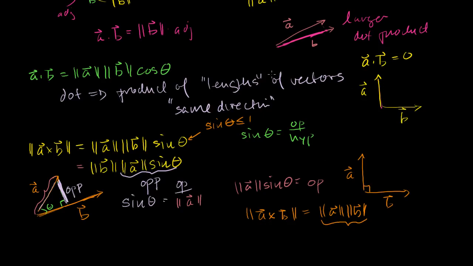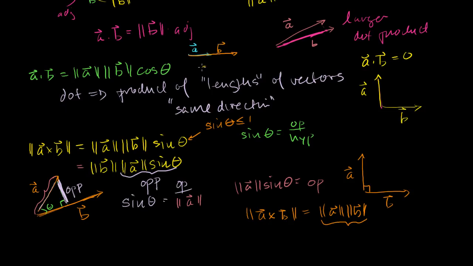Now, just to go back and make the same point here, when do you get the maximum value for your dot product? Well, it's when your two vectors are collinear. If my vector A looks like that, and my vector B is another vector going in the same direction, then theta is 0. There's no angle between them.